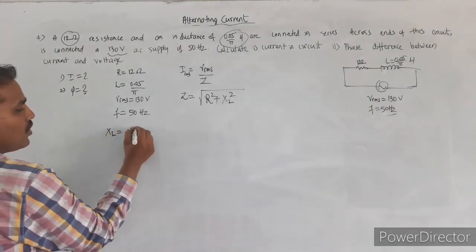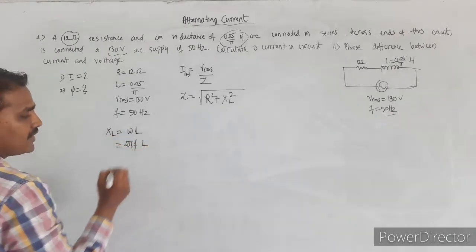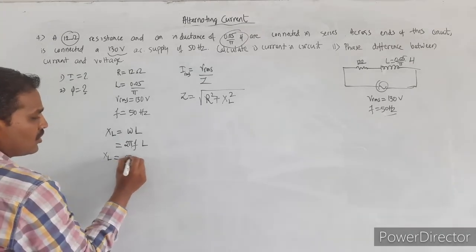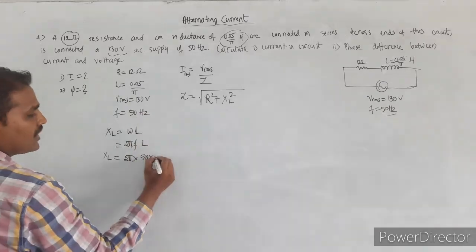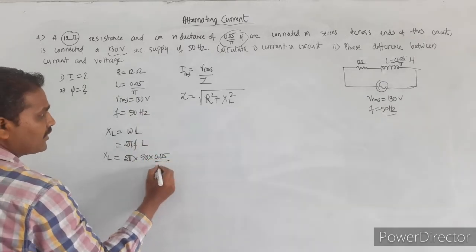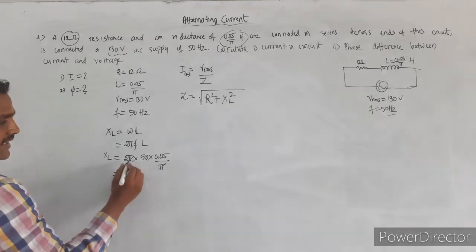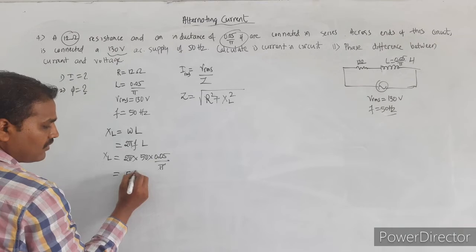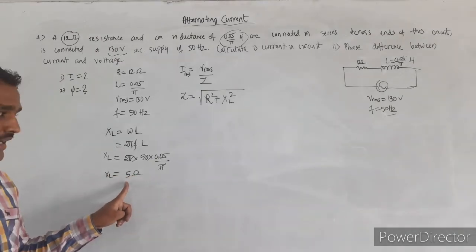XL is equal to omega into L. Omega is equal to 2 pi f into L. Okay, let us substitute the values: XL is equal to 2 pi into f, which is 50, and L is 0.05 divided by pi here. Okay, pi gets cancelled here. This I get as 100 into 0.05, that is 5 ohm. Okay, XL is equal to 5 ohm.